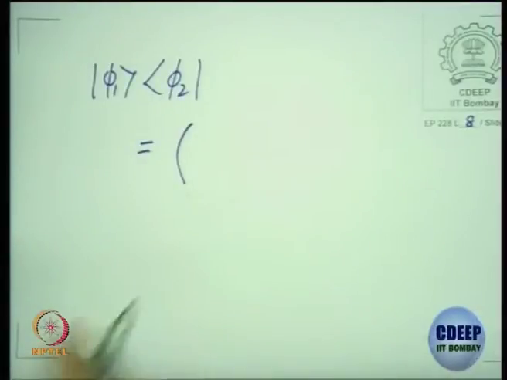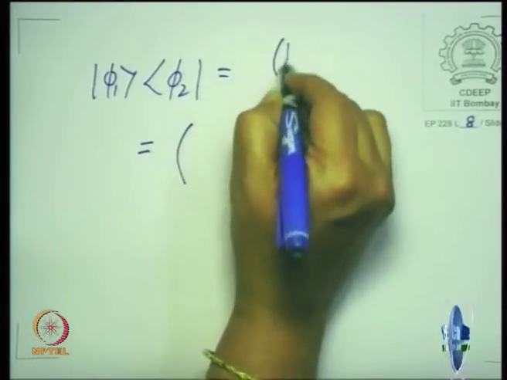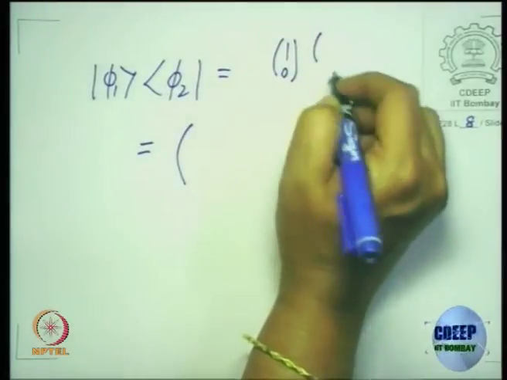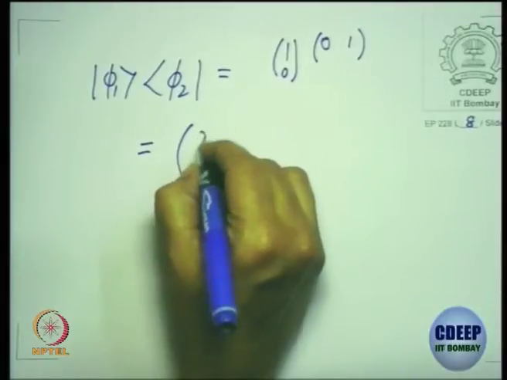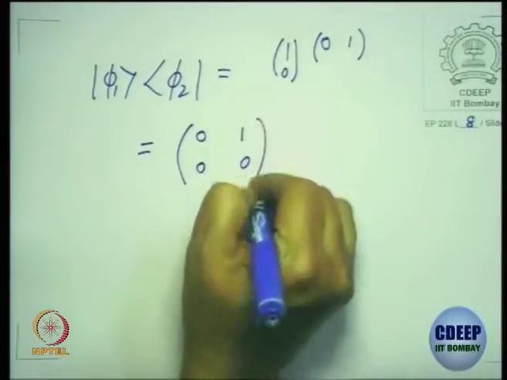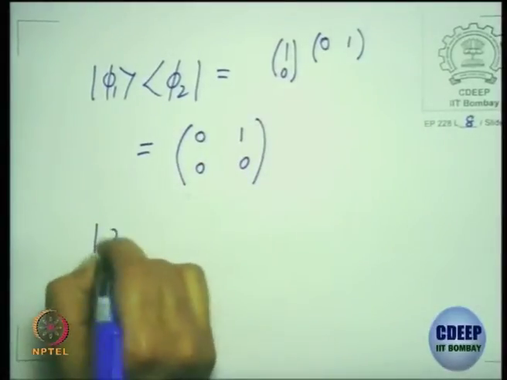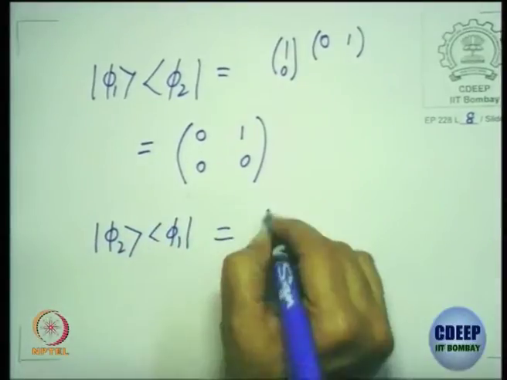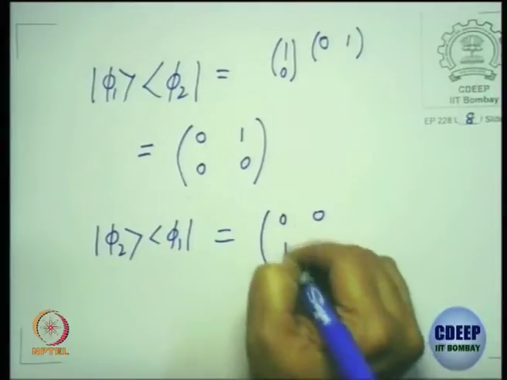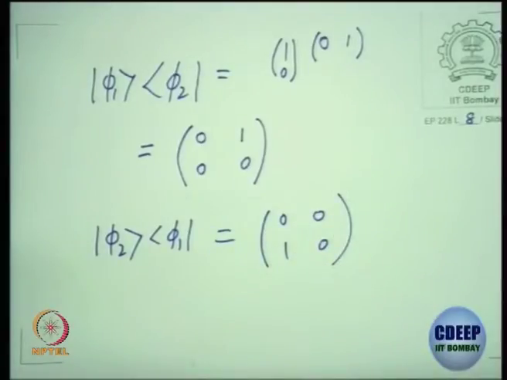What is that 2 by 2 matrix? Someone can help me? It is 1 0, a column, multiplying 0 1. Is that right? Similarly, what is phi 2 phi 1? 0 0 1 0.